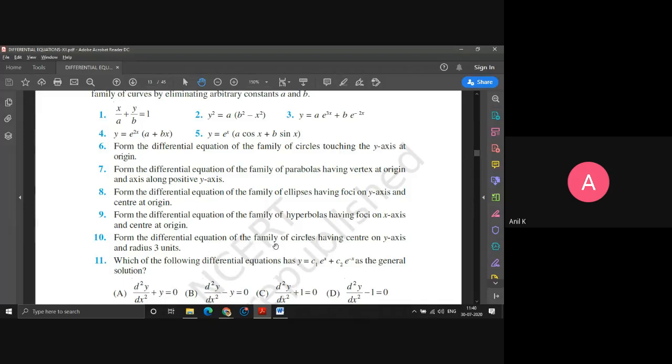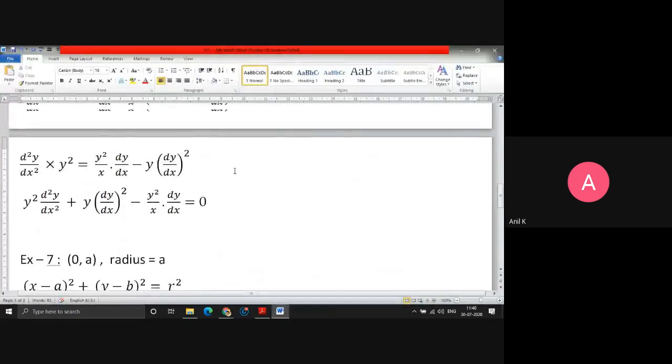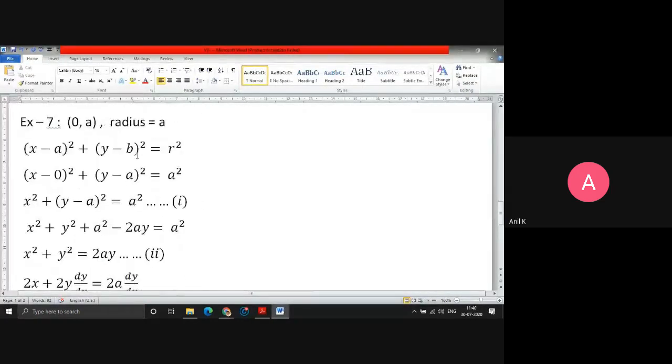Then the differential equation of the family of circles having the center on the y-axis and the radius 3. Center on the y-axis is 0, a and r value is 3. So the same way of solving, 0, a, and instead of radius I'll take it as 3. So the equation will become x square plus y minus a whole square equals 3 square. Okay, so that's how we can solve it.